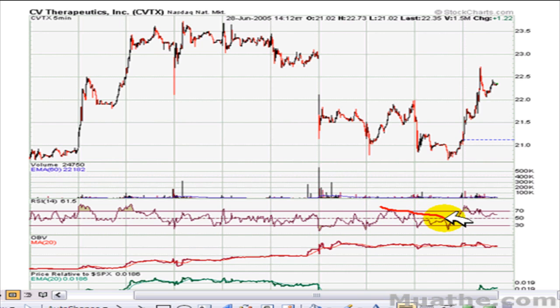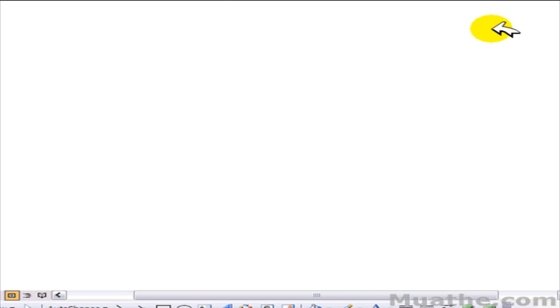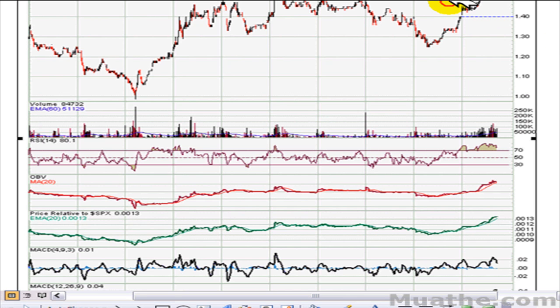Look at that. Bang. You buy it there. Close it right there for a good gain. Small gain, but like I say, one of my friends calls this a scalping method, where you can just get short-term gains if you're a short-term trader just by using that very simple technique on a 5-minute chart.